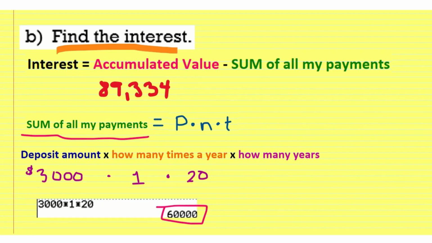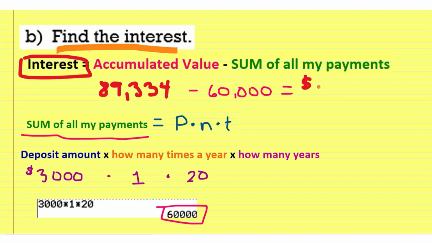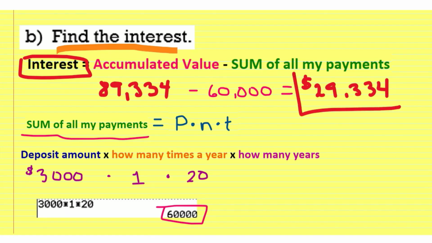That means I can say my accumulated value minus the sum of all my payments is 89,334 minus 60,000. 60,000 is what I deposited over the course of the 20 years, and that gives me a total of $29,334 in interest. So over the course of 20 years, my annuity earned $29,334 in interest.